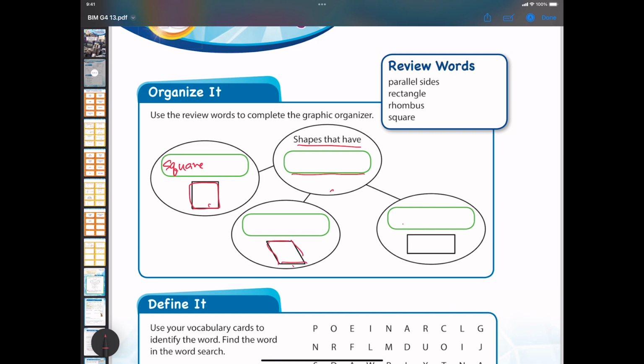We call it rhombus. And the other one is what? Yes, this is rectangle. So those are shapes that have what? It has parallel sides. You see that? Parallel sides.